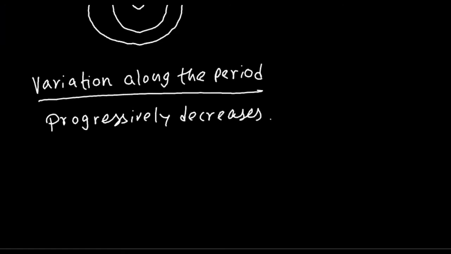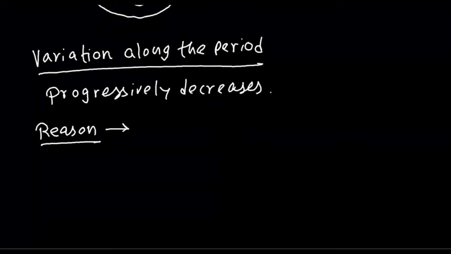Now, what is the reason behind it? The reason is, as we move from left to right across the periodic table, the atomic number increases. Atomic number increases means the number of positively charged protons increases.